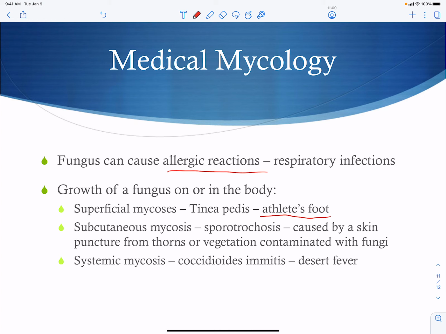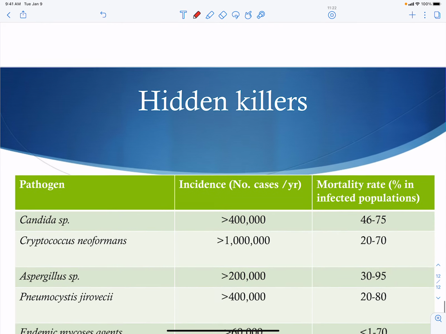And then there are also systemic mycoses. Systemic mycoses can infect immune competent people, but it's not really going to cause much disease in them. It's really people who are at risk who get disease. Coccidioides immitis is referred to as desert fever, for example.